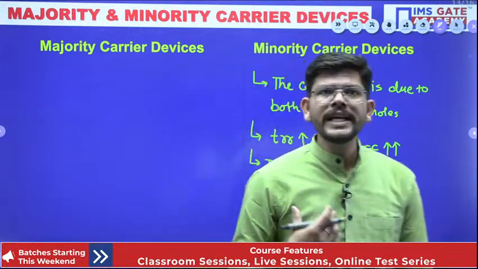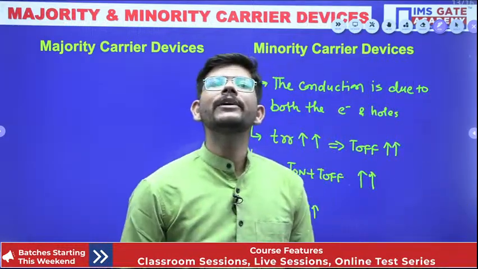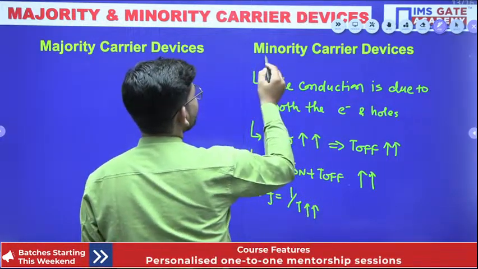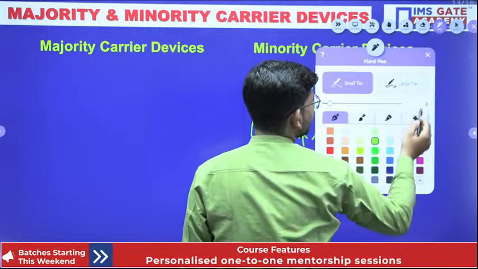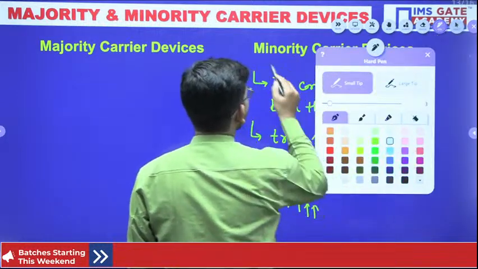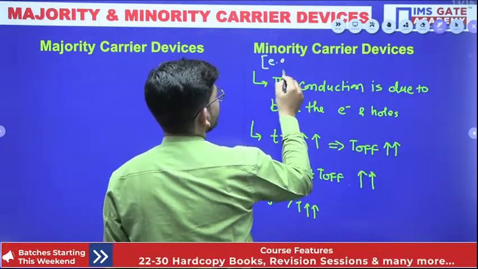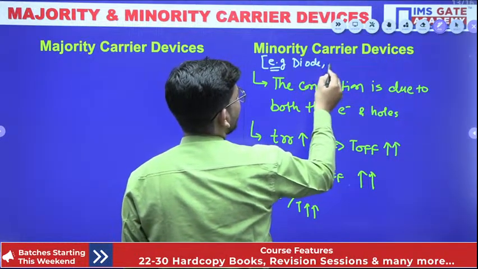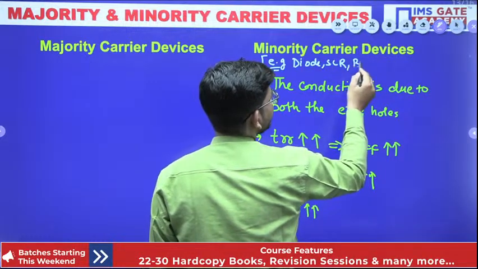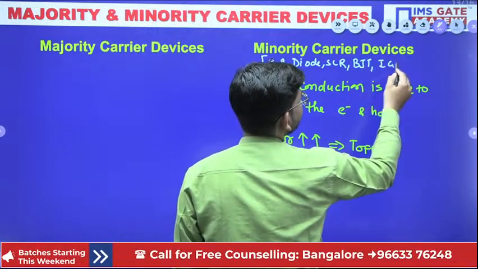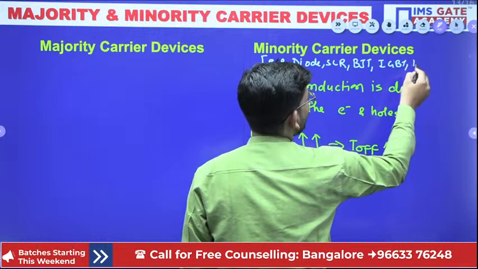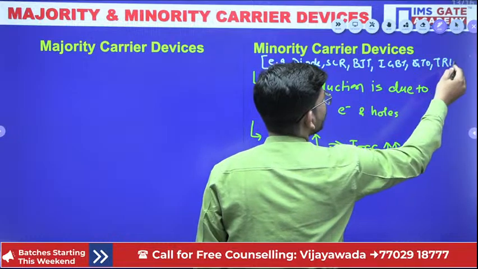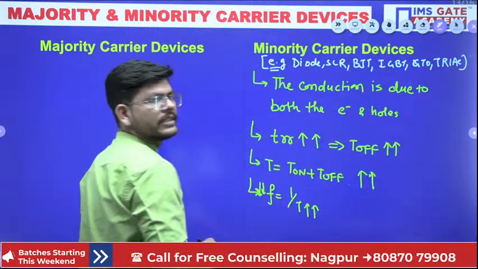So minority carrier devices will give you a very low switching frequency. Examples of minority carrier devices can be diode, SCR, BJT, IGBT, GTO, triac. All these devices are minority carrier devices, isn't it?